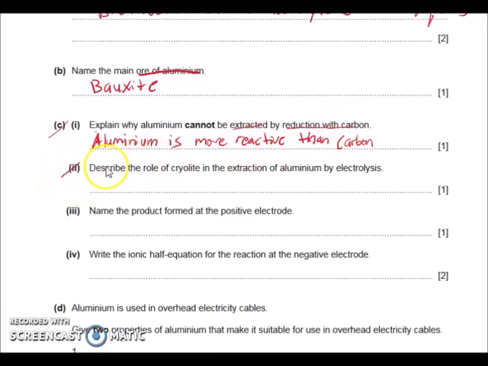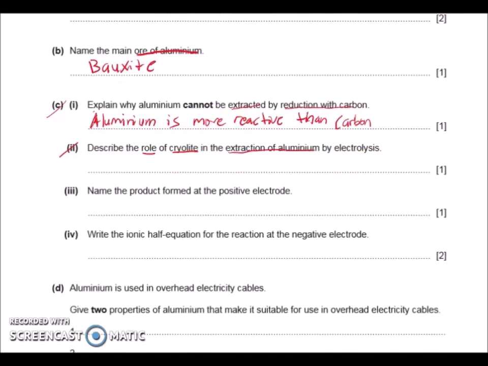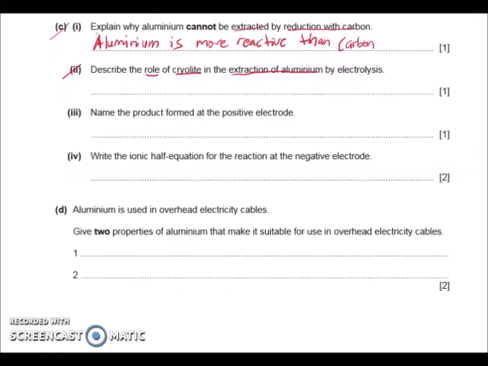So that's why we cannot extract by reduction with carbon. Now we look at number 2. Describe the role of cryolite in extraction of aluminium by electrolysis. This is used in industry because the actual melting point of aluminium is 2100 degrees Celsius. So after putting the cryolite into the solution in the process, it went down to 950 degrees Celsius.